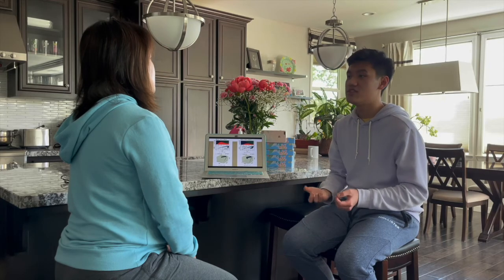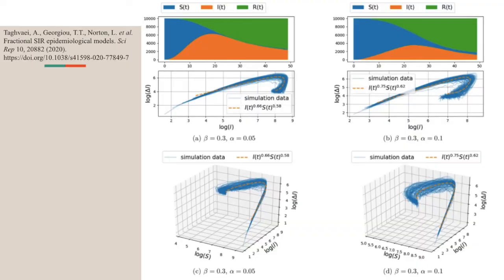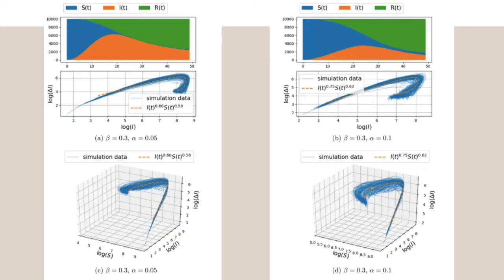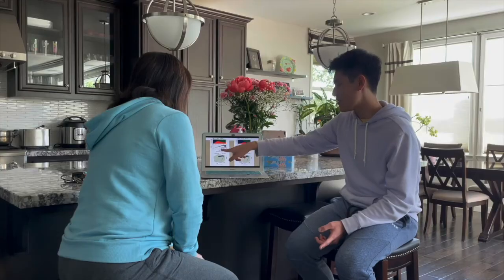We can turn this into multivariable calculus by looking at a 3D graph. So what this study has done here is show the way that the number of infected and the number of susceptibles is going to affect the rate at which people get infected. What they call alpha is what we've been calling gamma this whole time. Here, beta is equal to 0.3. What we call gamma is equal to 0.05 for this version.